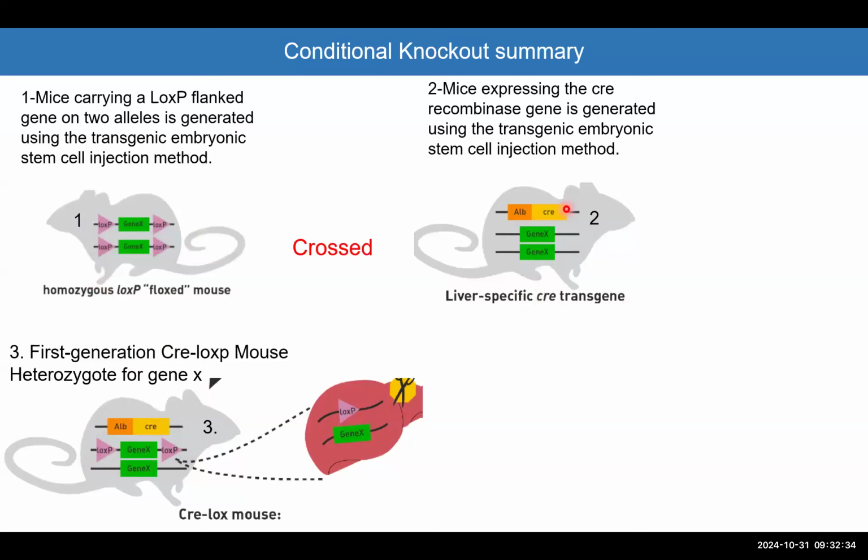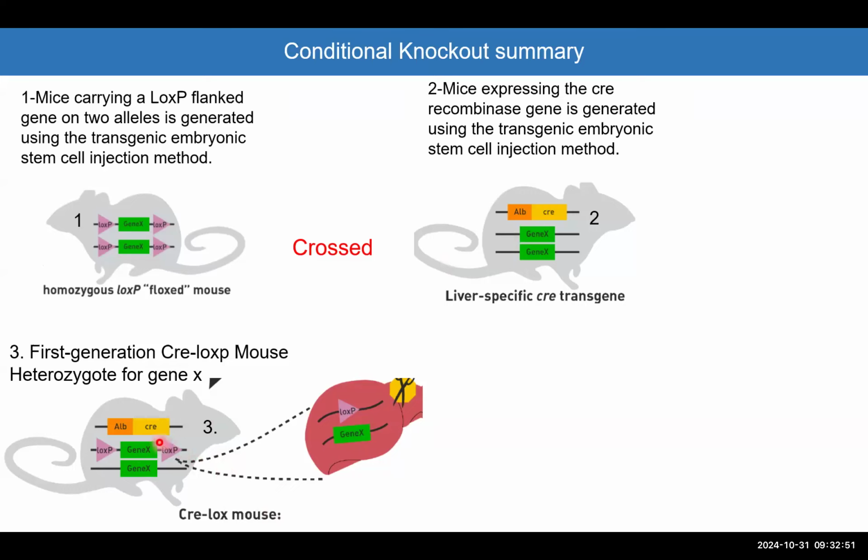And in this situation, we have one copy of CRE. Probably you will have it or not, so you have a 50% chance. So you will get at this stage mouse number 3, where you have the LoxP system with the CRE.